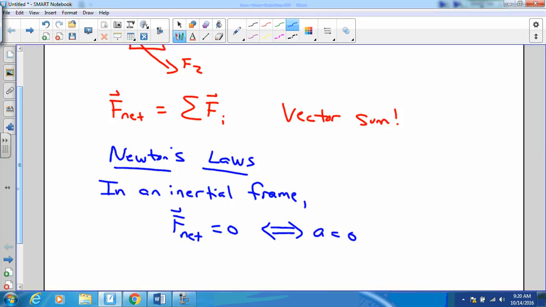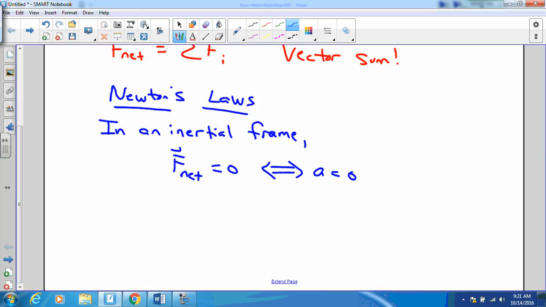This is commonly stated in words like this. An object in motion continues in its motion.